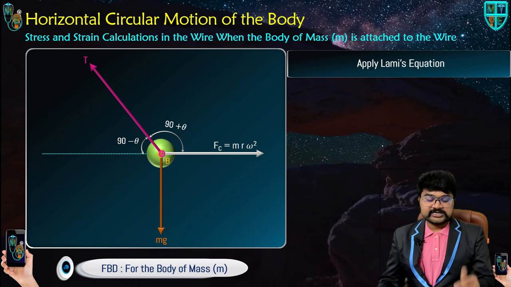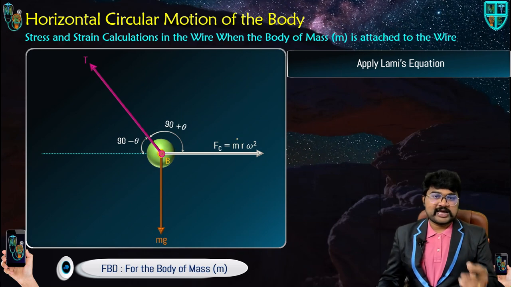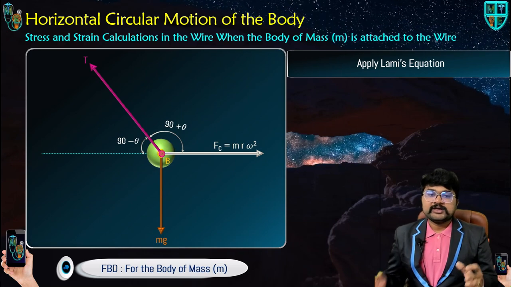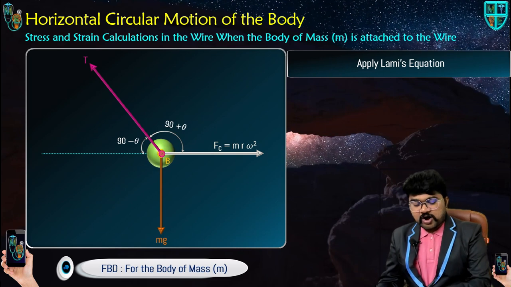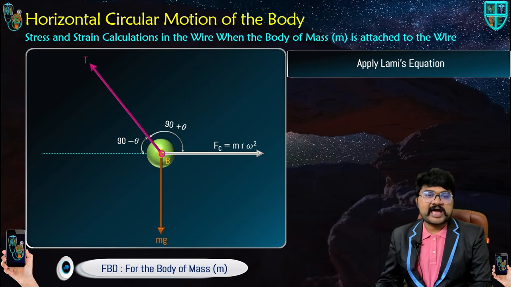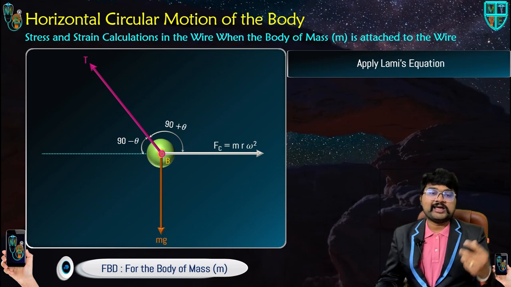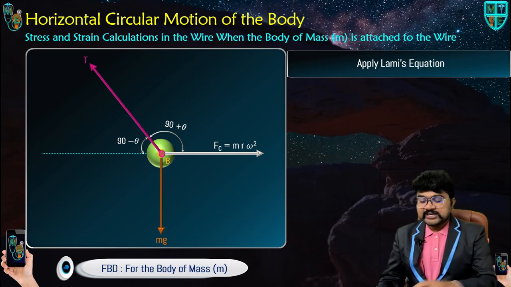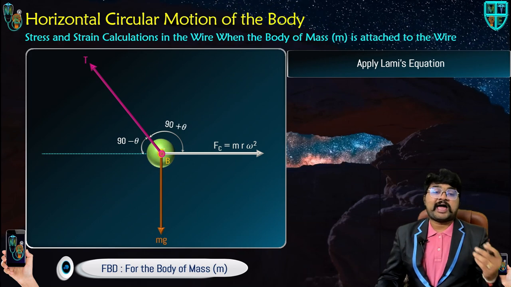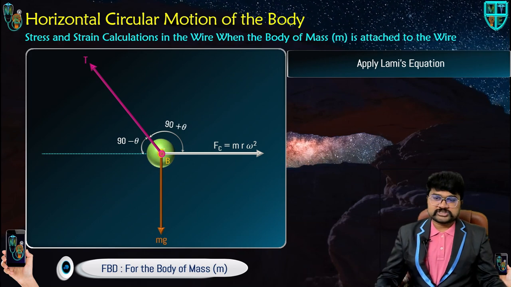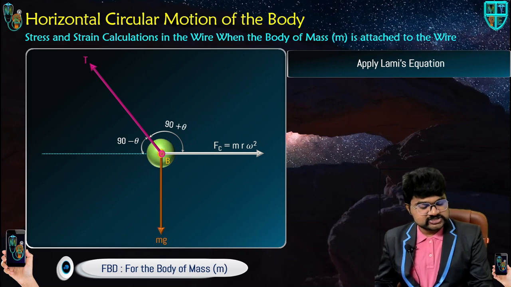We applied centrifugal force, so we converted the dynamic problem into a static problem. In static equilibrium, when three forces are acting at a point and are in equilibrium, each force is proportional to the sine of the angle between the other two forces. You can apply Lami's equation here.